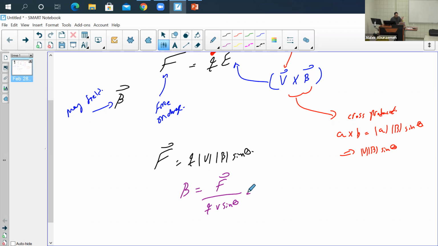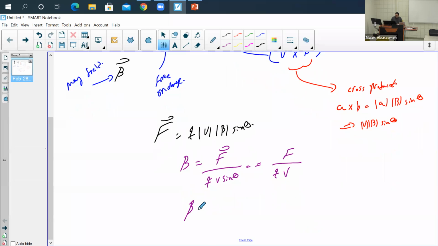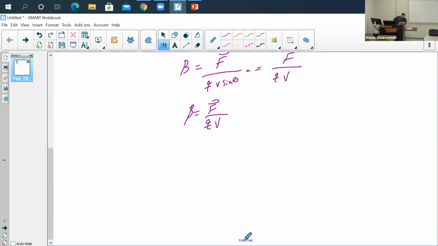Now, your theta is going to be 90 degrees, so that sine is going to go to 1. So you're going to have your force divided by your Q multiplied by your V. So your magnetic field is going to equal the force divided by the charge multiplied by the velocity of that charge.